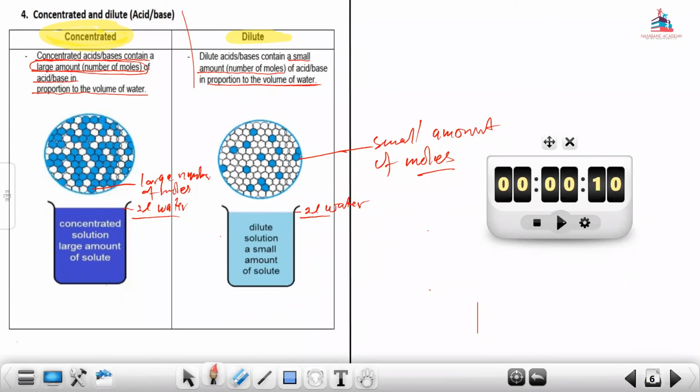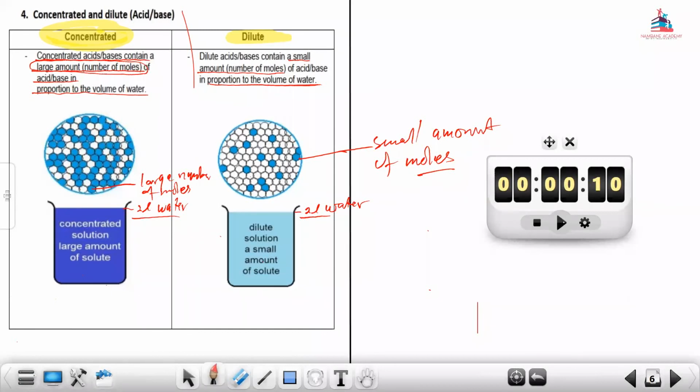Yes, sir. So I was asking if you can only tell if it's concentrated or diluted if you have more of the base than there is of the water, or you have to compare the two solutions in order to tell the difference between the two.